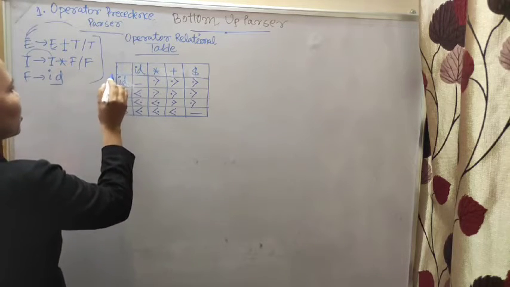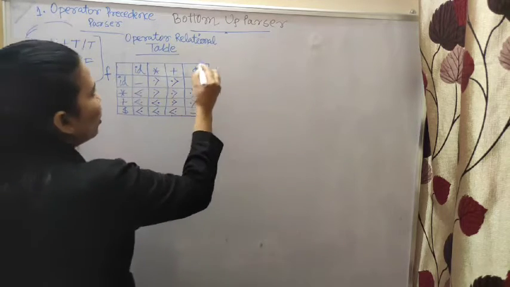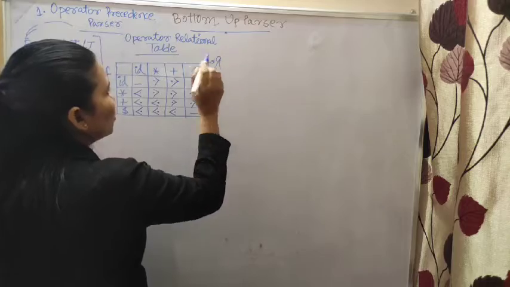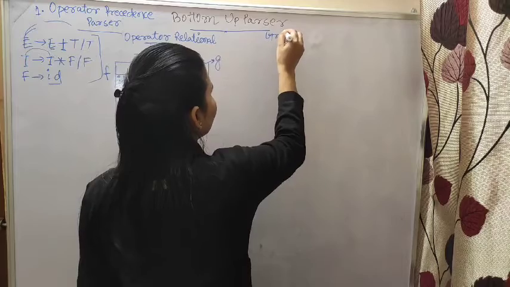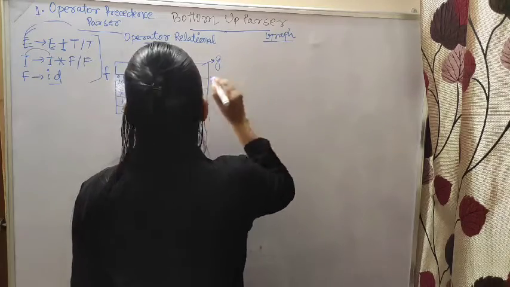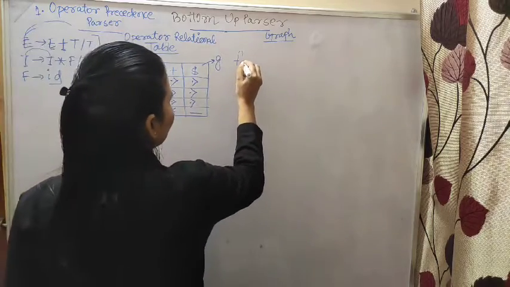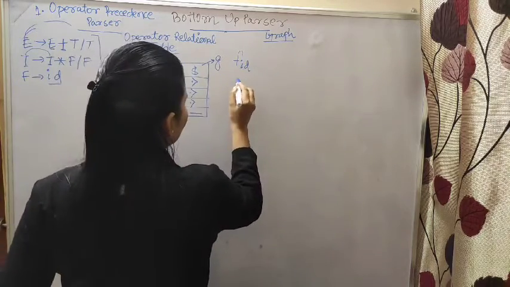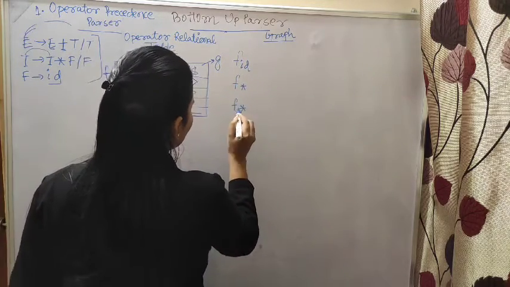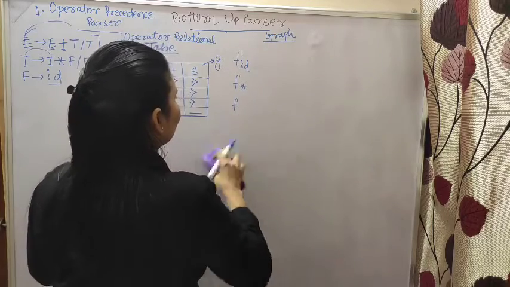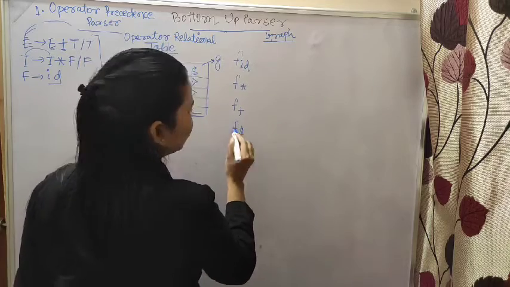Remember that all the row names I am taking as F, and all the column names I am denoting as G, for the graph. So the graph we are constructing has F of ID, then F of star, F of plus, then F of dollar.